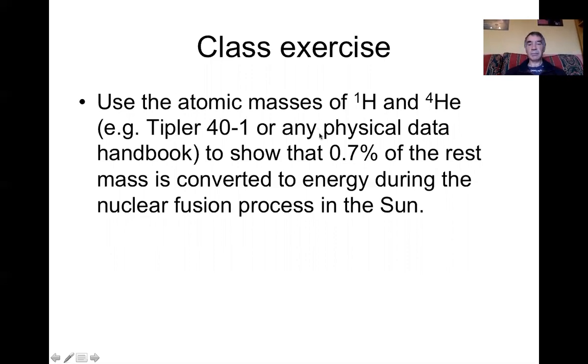You can look it up on the web as well, of course, but you do need to be accurate because you can see that mass difference isn't very much. You need probably 5 or 6 significant figures to really show up that mass difference. So find a good source of physical data to look up the mass of these nuclei, and show that the difference between 4 of these and 1 of these is indeed 0.7% of the mass.